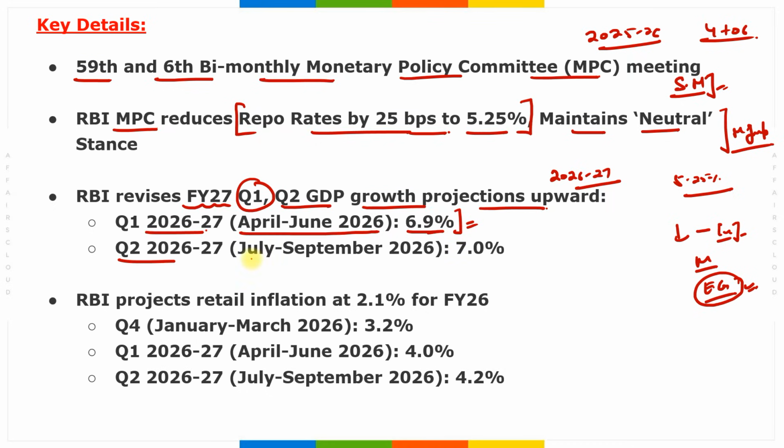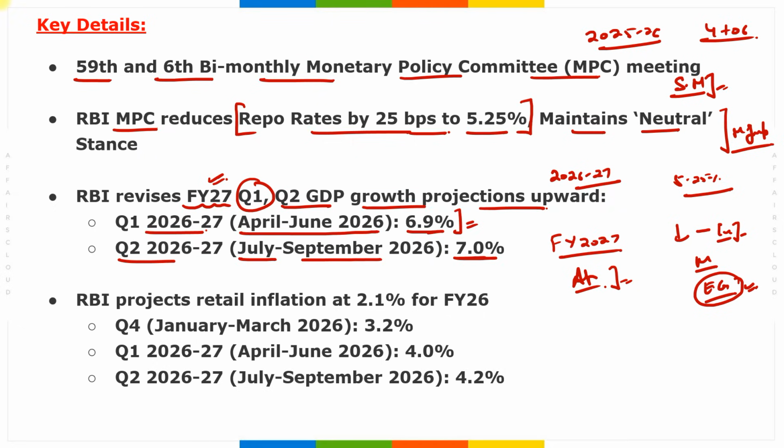And for quarter 2, like July to September 2026, it will be 7%. Most important statement, this is for financial year 27.